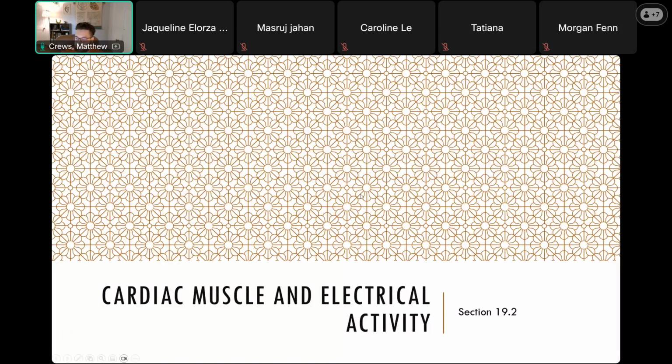All right, cardiac muscle and electrical activity. As a little wrap up from last class on Tuesday, we went through the anatomy of the heart. We remember that there's something special about the heart in that it's got myocardial tissue, it's got cardiac muscle as well, and that's its own special thing, right? We talked about blood flow.